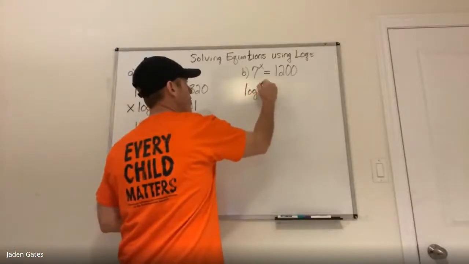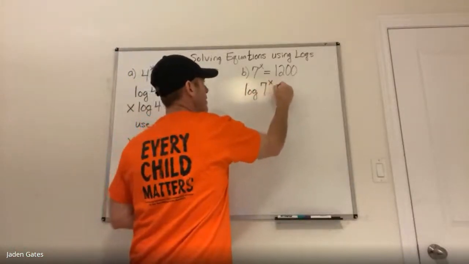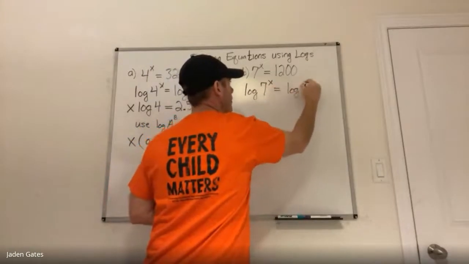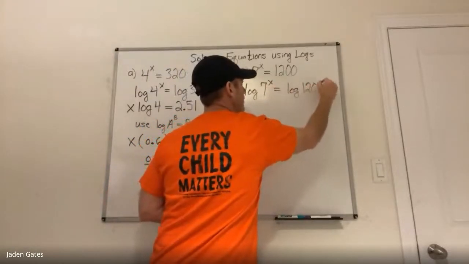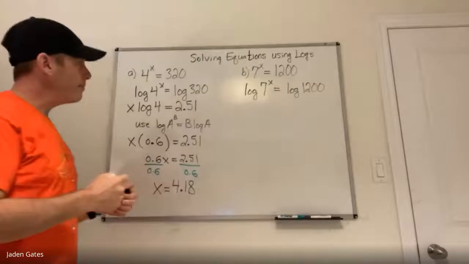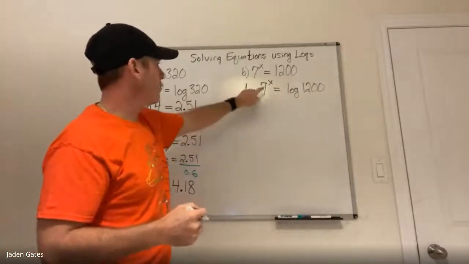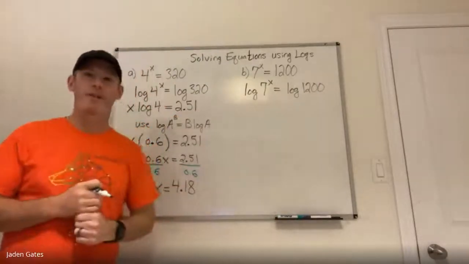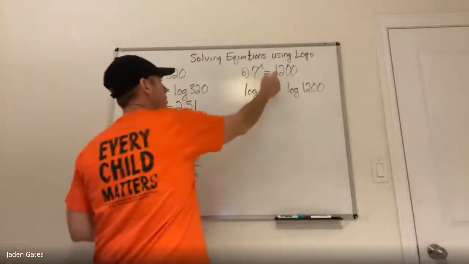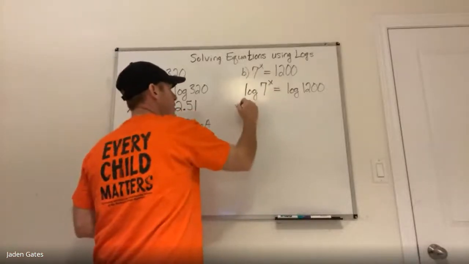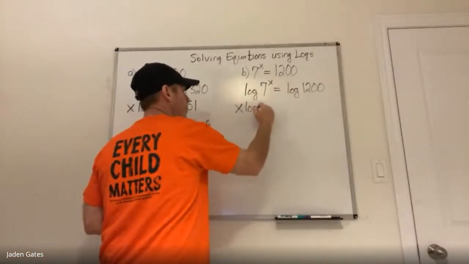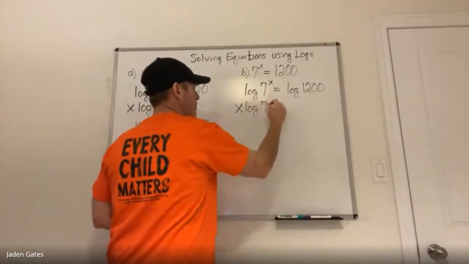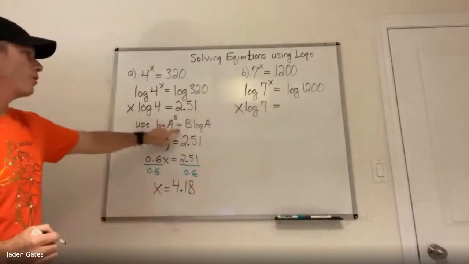So I take the log of 7 to the power of x, and the log of 1200. Using the log rule, I bring this x down in front, so it's a normal number, not an exponent anymore, times the log of 7.